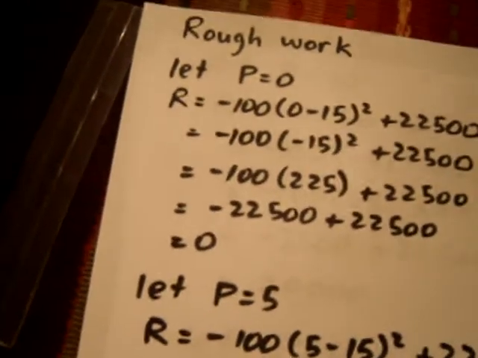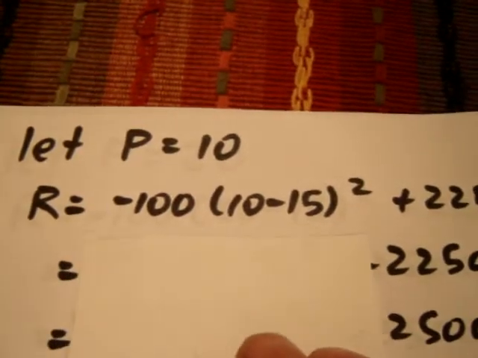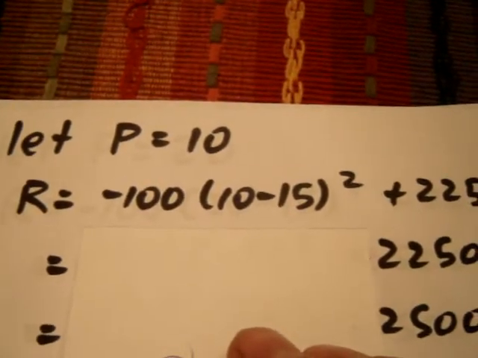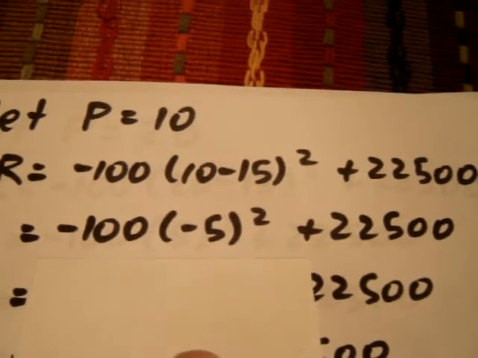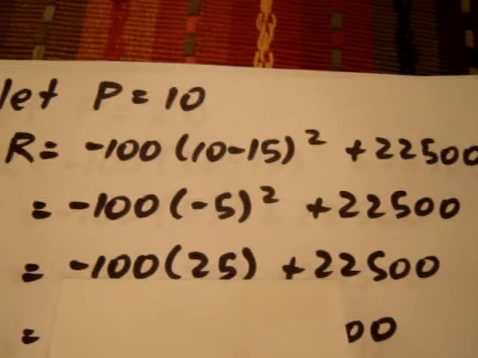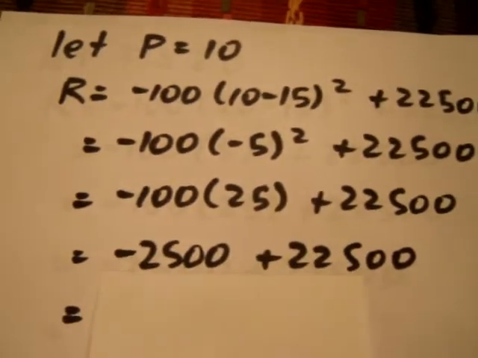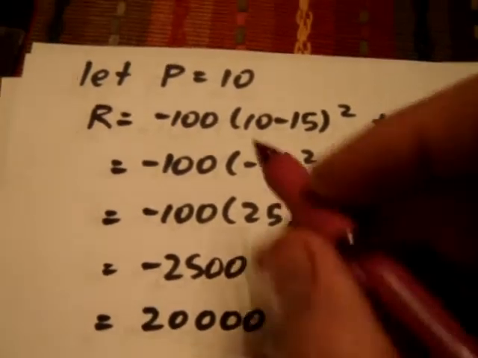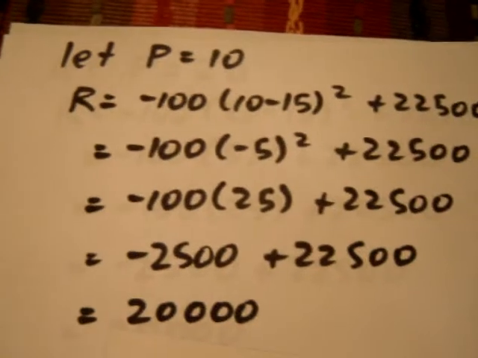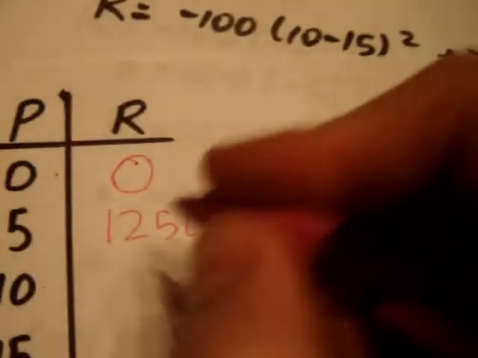Okay. We then let P equal 10. And when P equals 10, R is negative 100 times (10 minus 15) squared. And that bracket evaluates to negative 5 and becomes 25 after we apply the exponent to it. Then we multiply, and finally we add. And we see that when the price is $10, it might be true that less people show up, but the company is making more money.